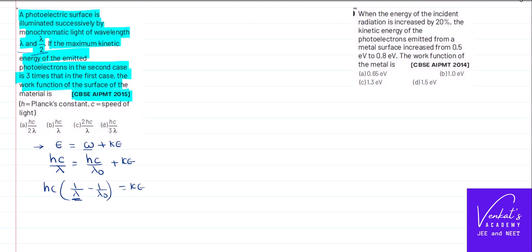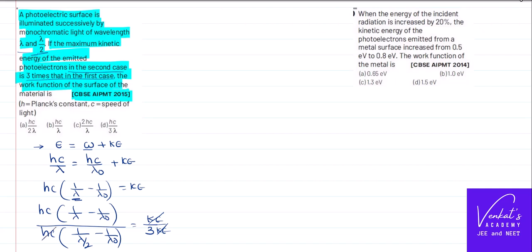There are two cases, so writing the two cases into equations: hc of 1 by lambda minus 1 by lambda naught, and hc of 1 by (lambda by 2) minus 1 by lambda naught, where the threshold wavelength remains the same. The kinetic energy in the second case is 3 times that of the first case, as given. So if the first is Ke, the second I have to write as 3 times Ke.